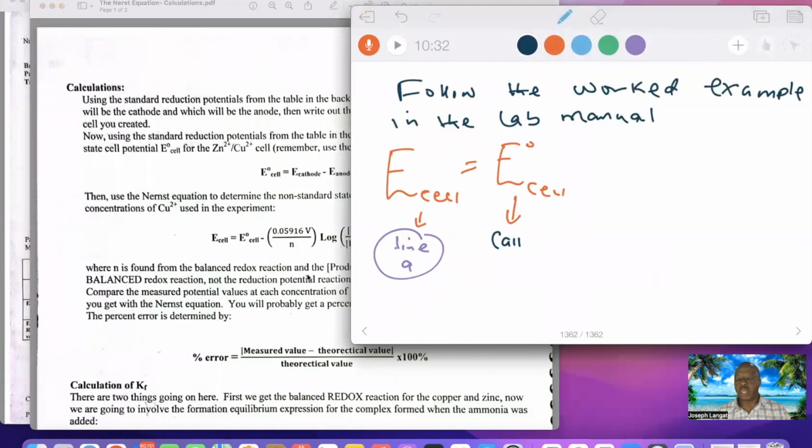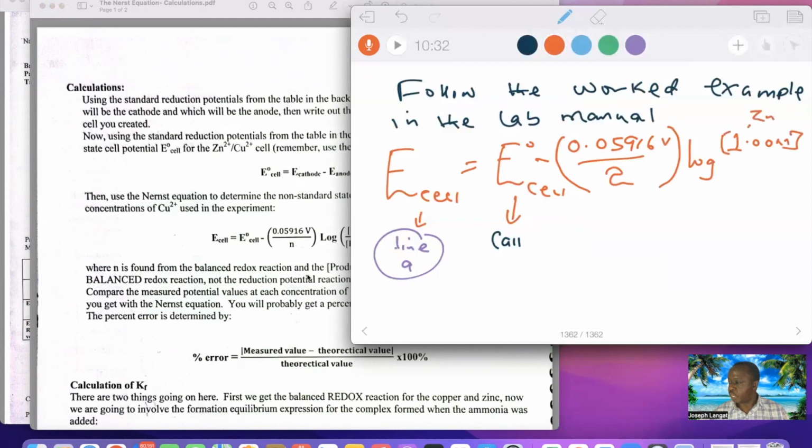So you need to calculate the E cell minus 0.05916 over 2. This is over 2, not 3, over 2 electron transfer, times log of the concentration of zinc, which is 1.00 molar, over the concentration of copper.